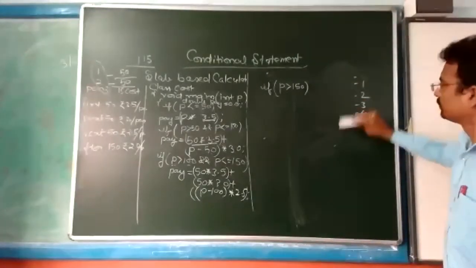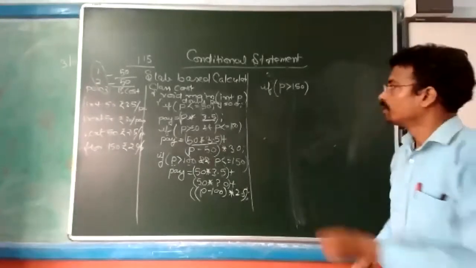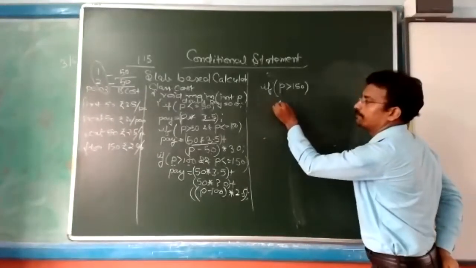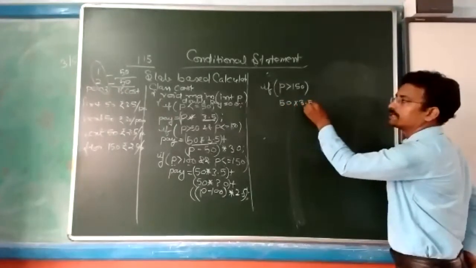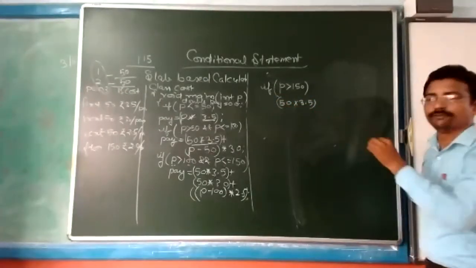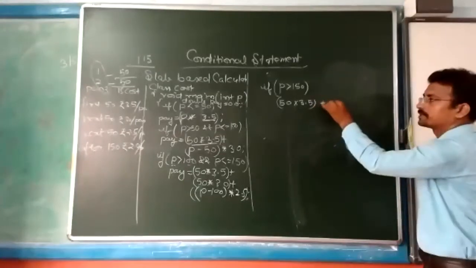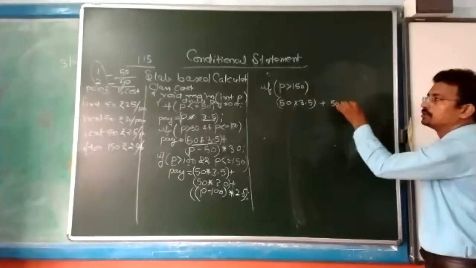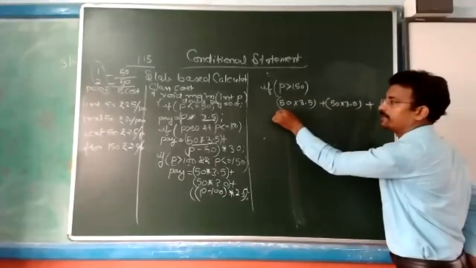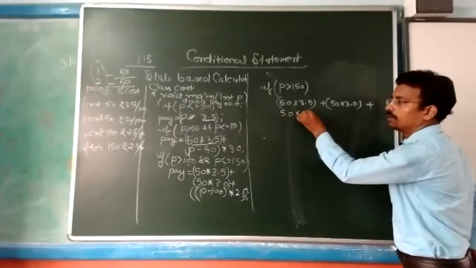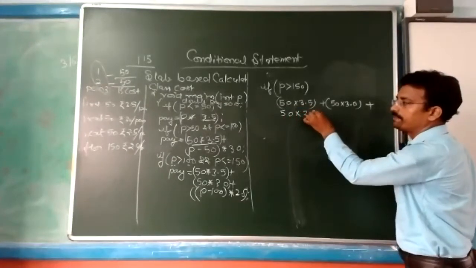See, you will call first 50. 50 multiplied with 3 rupees 50 paise. This first one is covered. After that, plus 50 into 3 rupees plus 50 into 2 rupees 50 paise.